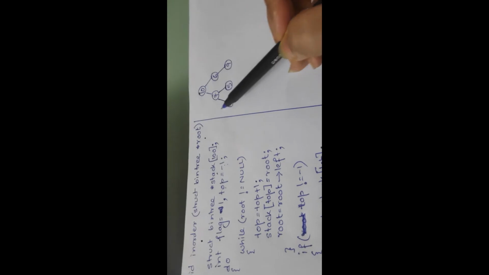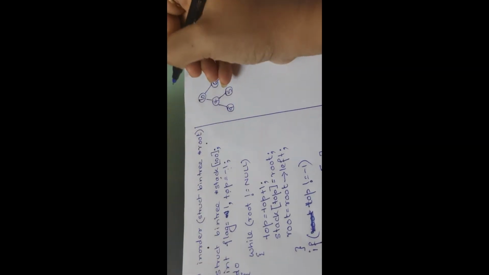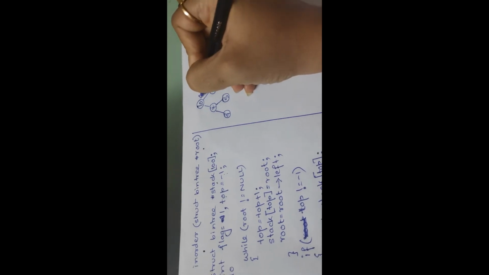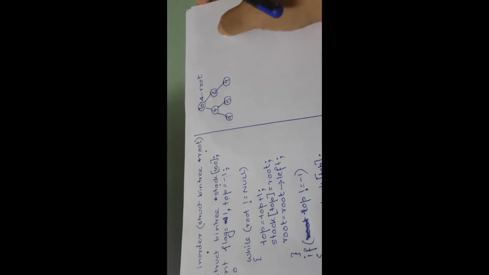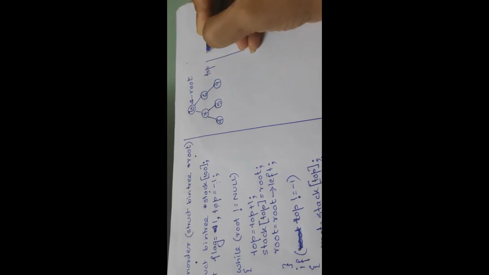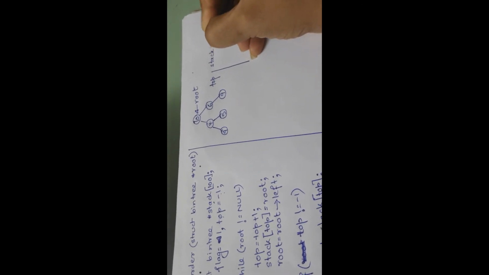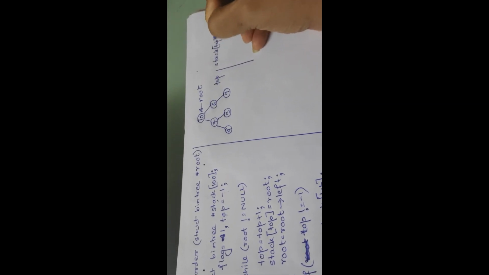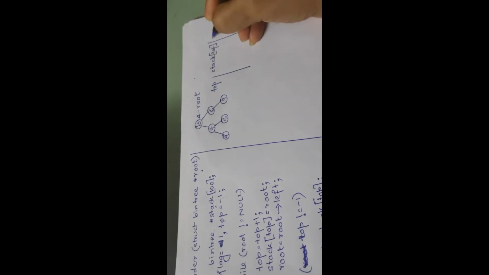Now, this is the tree that we are going to traverse. Over here, 10 is the root of the tree. Let us make columns over here so that it would become easier for us to dry run.